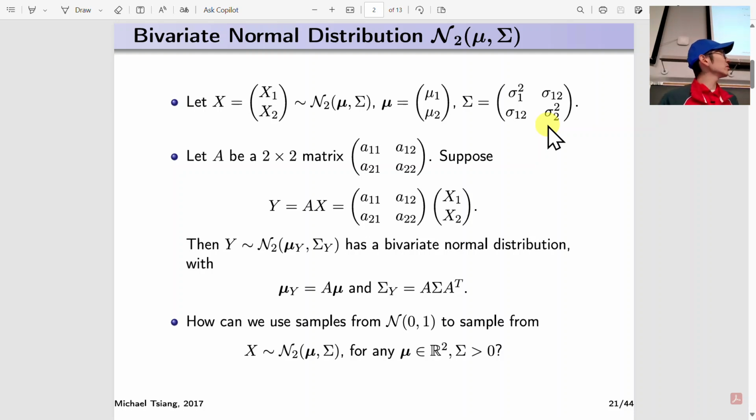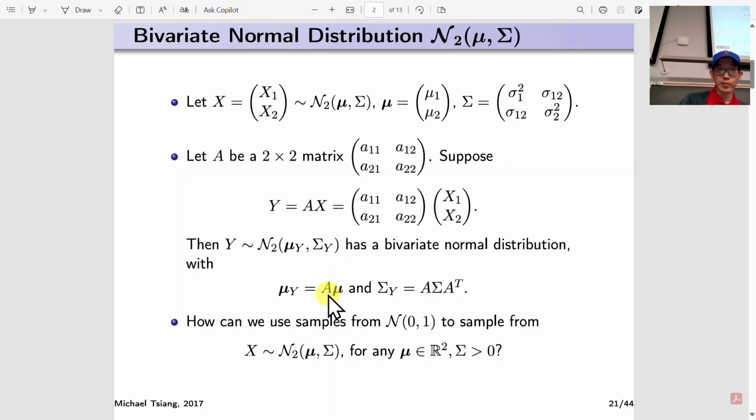What we're going to try to do is we're going to say, well, can we make up some matrix A, okay? And we're going to suppose that when I multiply A times x1 and x2, okay, the result there is going to be y, and that this thing y is going to have this distribution, okay?